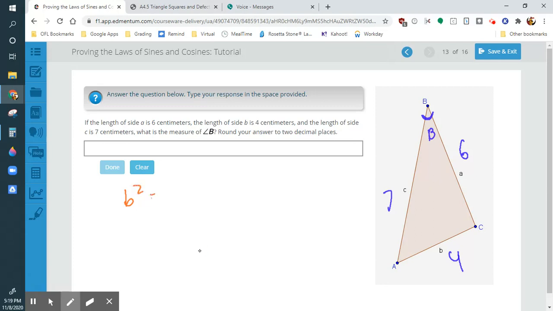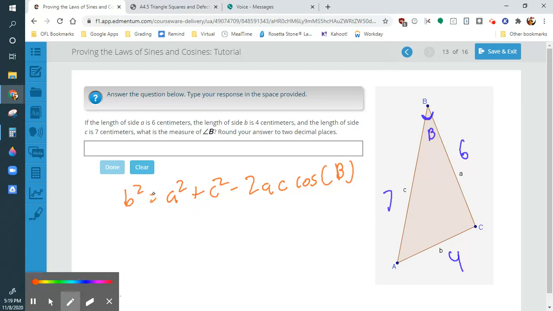So b squared equals a squared plus c squared minus 2ac cosine of our opposite angle, which is B. So if we're solving for this capital B, we're going to need to have little b on this side. Okay, so now I'm going to just plug everything in.